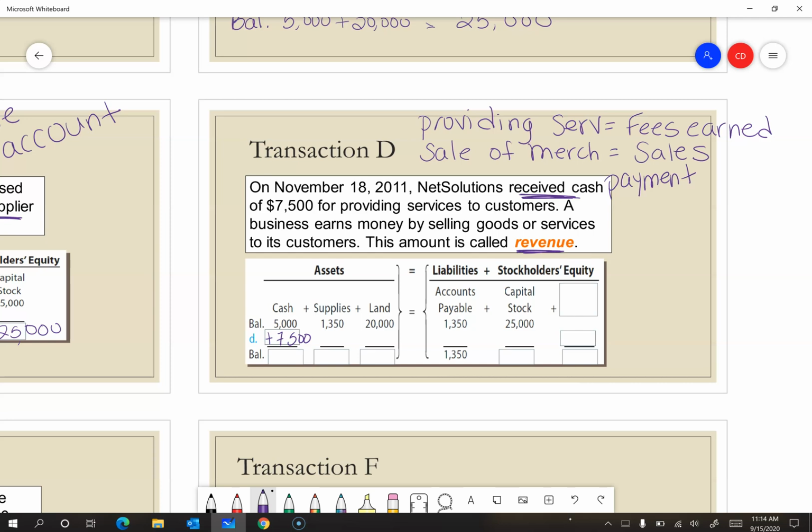Okay? You might get rent revenue. Somebody's paying you rent. You might see interest revenue if you earned interest. Okay? But remember, revenue has a positive effect on stockholders' equity. Okay? So over here, we're going to put fees earned.